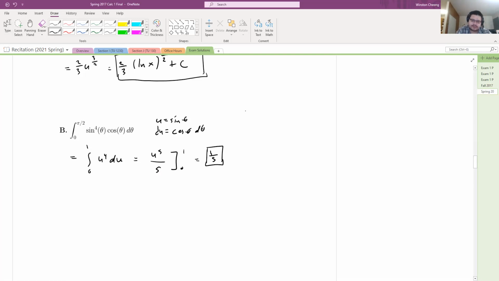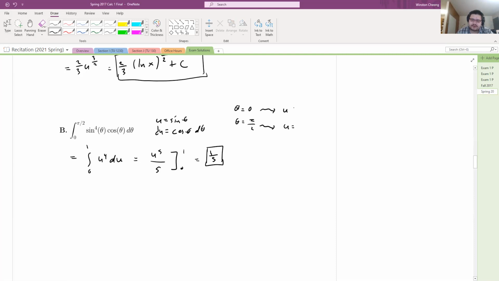What I did is those values are saying theta is equal to 0. What does that tell us u has to be? The way that we convert it over is we use the u substitution to calculate what the corresponding values would be. So the two limits are 0 and pi over 2.